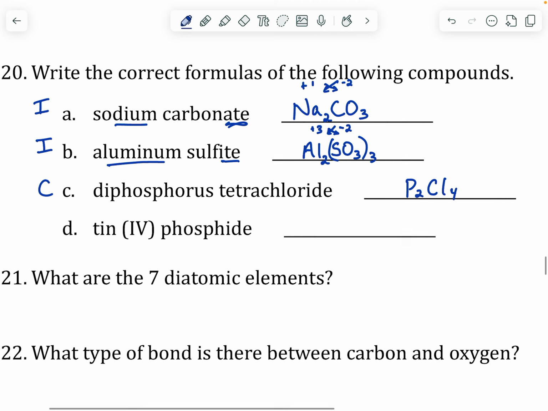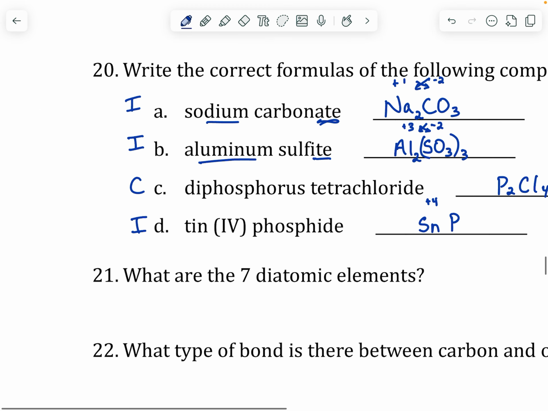And then we have another ionic. I know that because tin is a metal and there are no prefixes. Because tin could be a +2 or +4, we look at what we're given, and we are shown that it is choosing the +4 version of itself. Phosphide is P by itself for phosphorus.